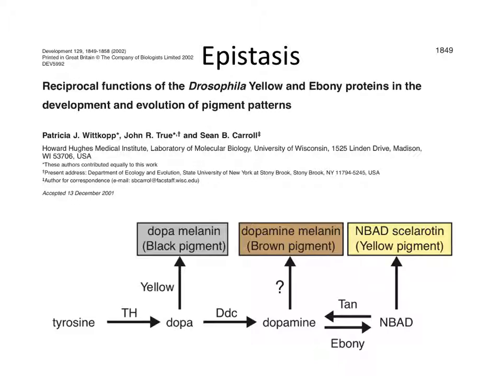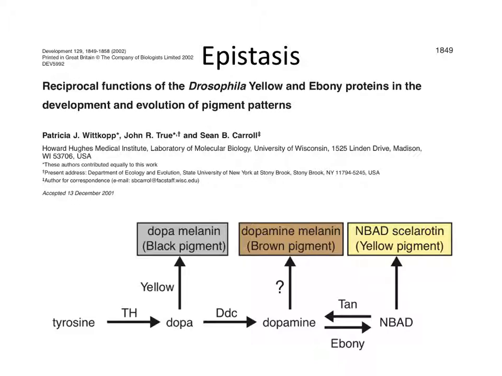So that pathway has already been worked out. But people that are asking epistasis questions don't know the order of enzymes in a pathway. That's what they're trying to figure out. Which enzyme works first, then second, then third.